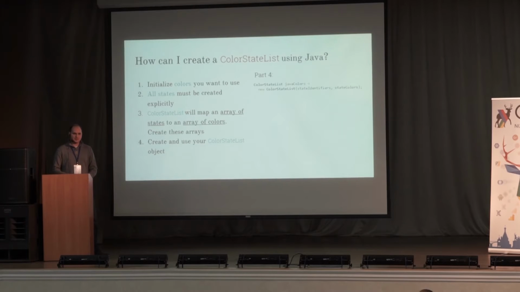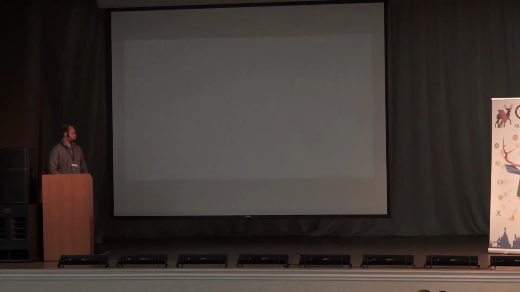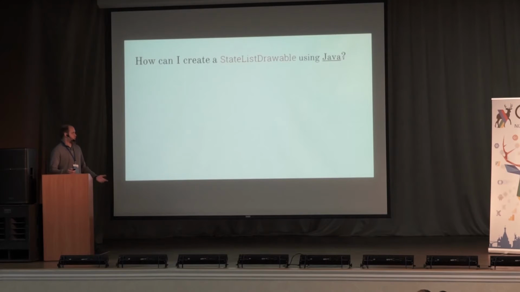It can make stuff easier. And this is how you use it. Generally, if you load from XML, you just say get color state list, give it the resource, and set it to the text view. Or if you've created a color state list from Java or Kotlin, you can just say textView.setTextColor. It's an overload for that method, and it works fine.